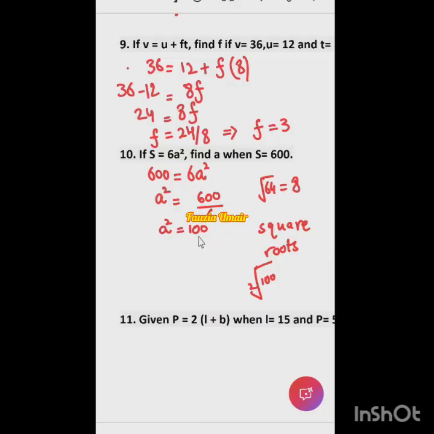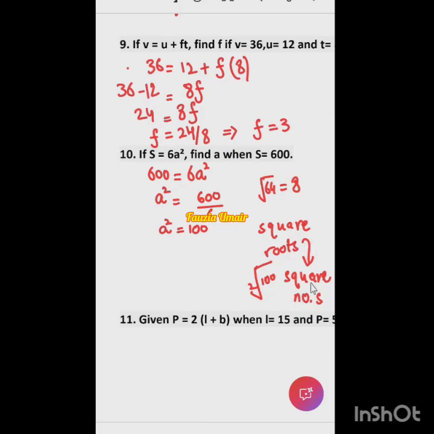So to get rid of this power, square roots are the reverse operation of square numbers. Just say in maths, every operation has a reverse operation. So the reverse operation of square numbers is square roots.